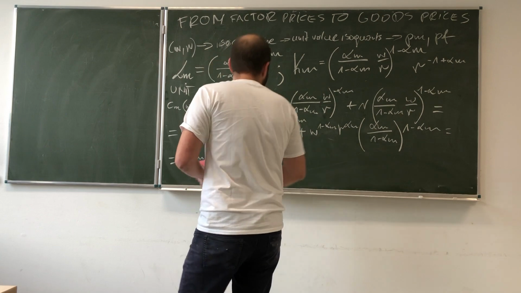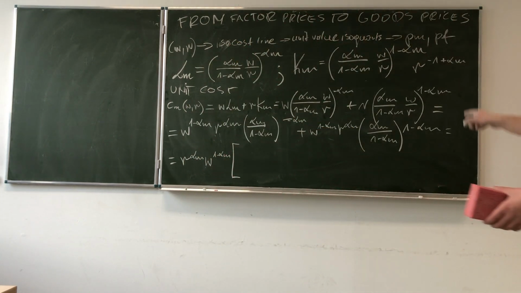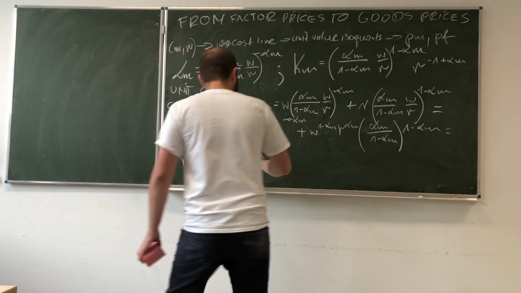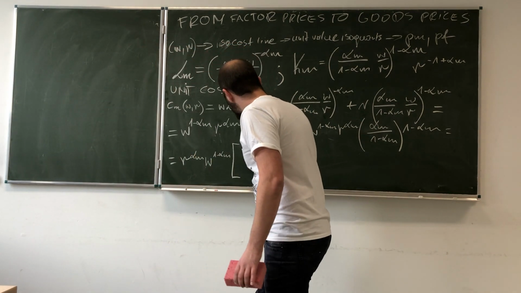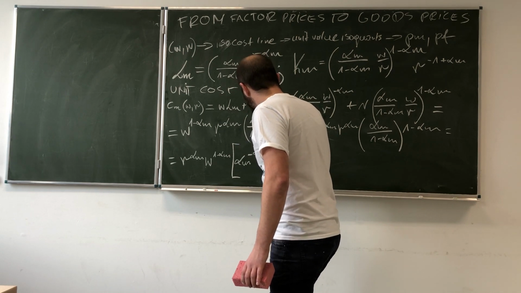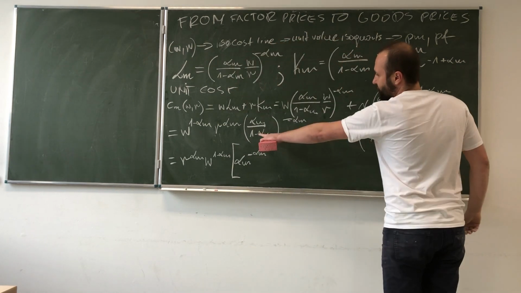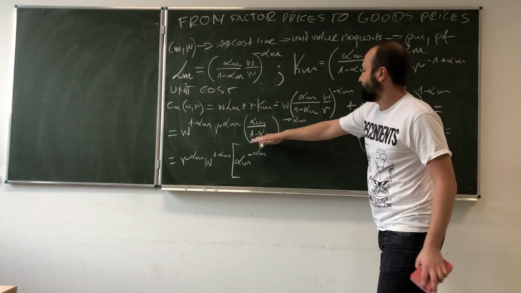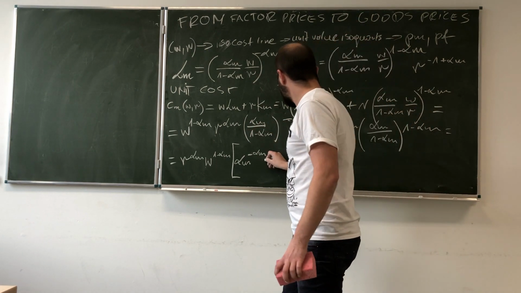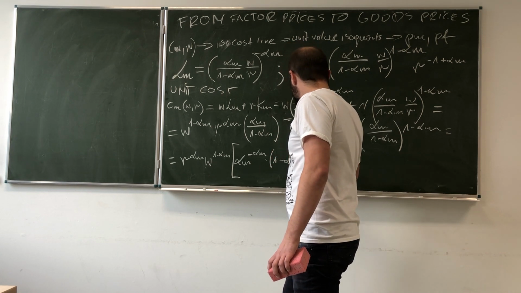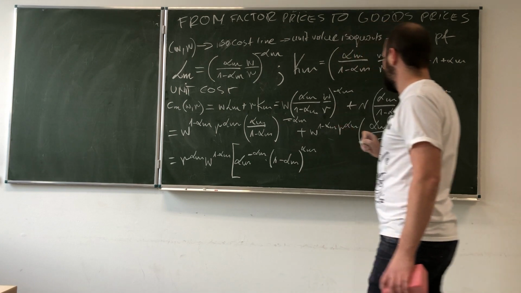Okay, and now what is happening over here? Let me rewrite all those expressions separately. So I will have here alpha m to the power negative alpha m. And look, out of this, I have here this expression to the power negative 1. So I will have times 1 minus alpha m to the power alpha m.